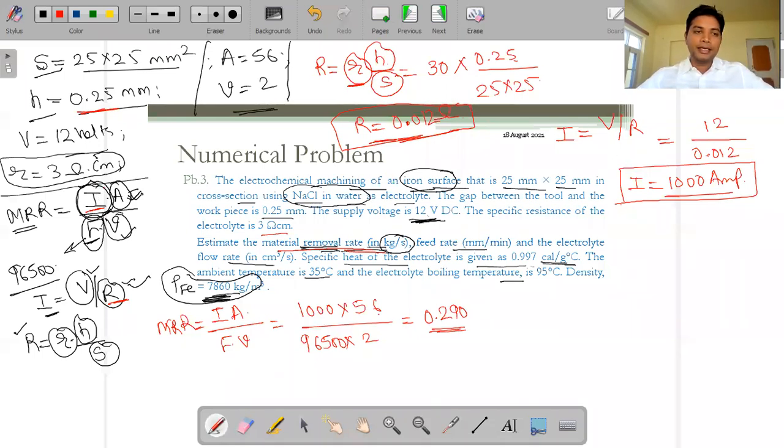Because I told you guys, that is the basic unit. What we calculated is mass per unit time, and the mass that we considered in the beginning is in gram only, and time we consider in seconds. So whatever value you get from here will be in gram per second only.